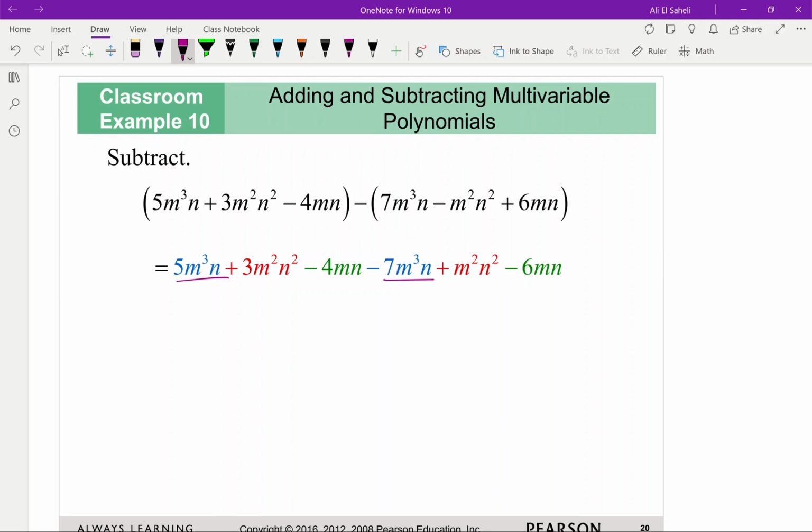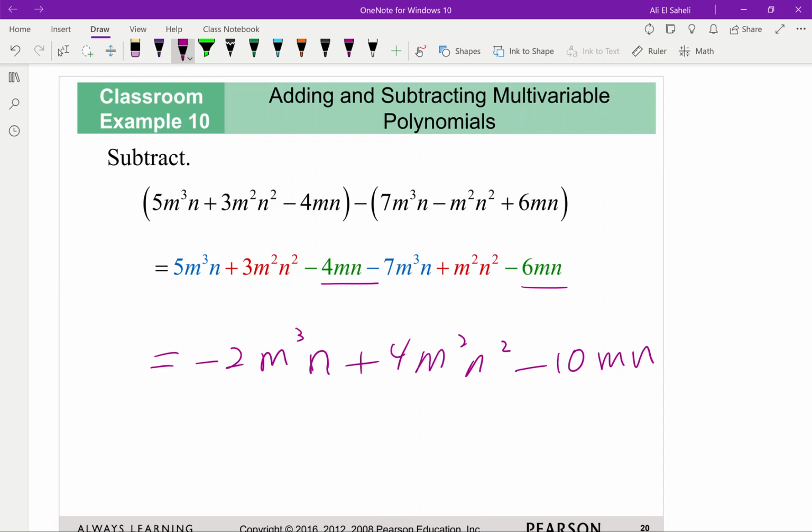This is the same as this, so 5 minus 7, so minus 2m cubed n. m squared n squared, m squared n squared. So 3 plus 1 is 4. mn, mn. 6 minus 4mn minus 6mn. So minus 10mn.